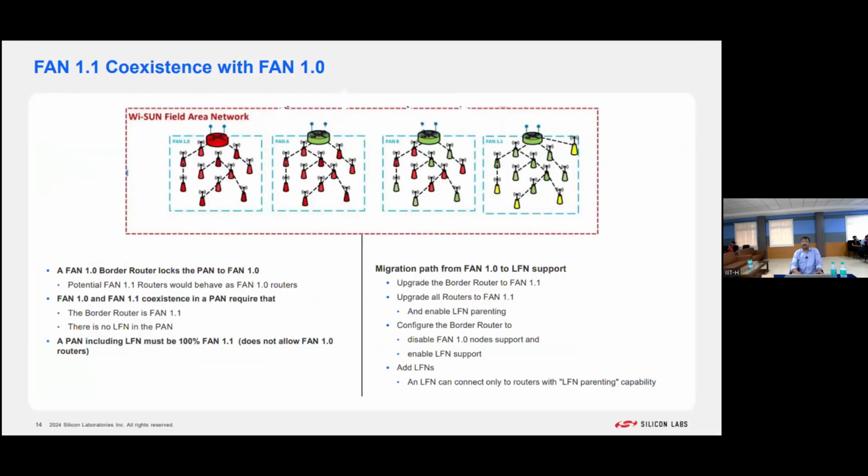The first three diagrams show various combinations of backward compatibility between FAN 1.1 and 1.0, but the fourth one shows that for LFNs to communicate to the cloud, we need all of those router nodes and the border router to be FAN 1.1 supported. So those coexistence diagrams are discussed here.